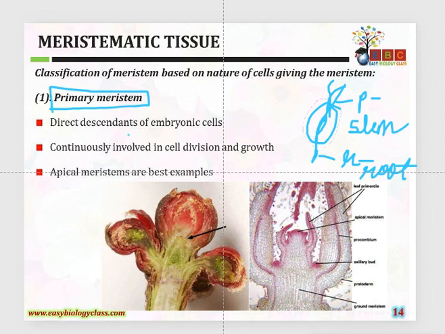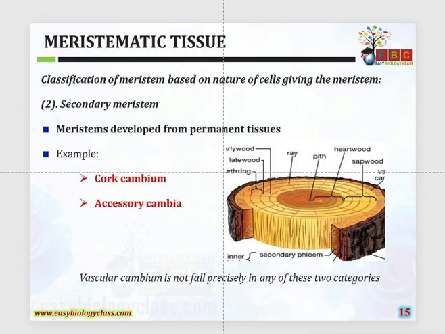They occur directly from the embryo. They give rise to the apical meristems, like the shoot apical meristem and the root apical meristem. What about secondary meristem?